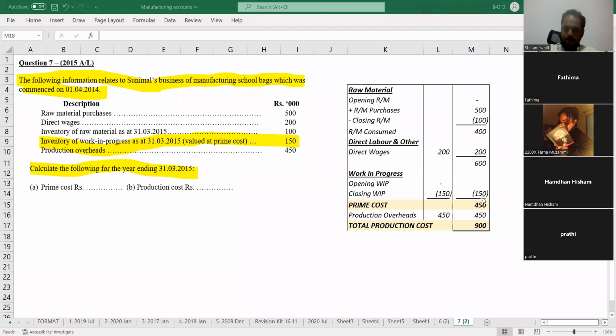Closing is minus. From 600, you have to deduct 150. Okay.